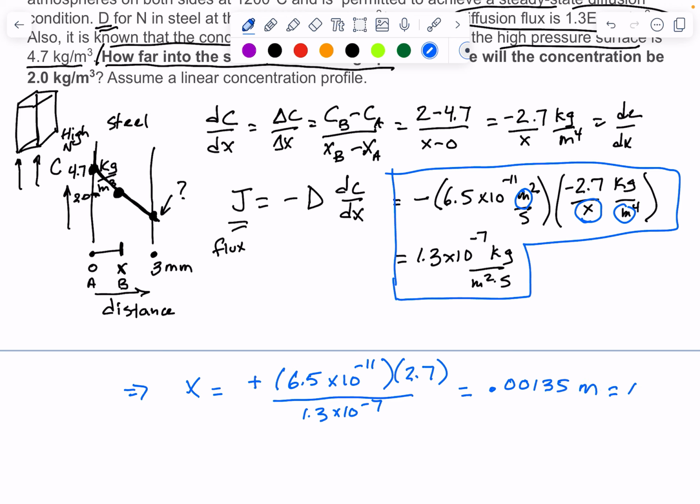At a distance of X of 0.00135 meters into this block, we will hit that concentration. If I turn that back into millimeters, that's 1.35 millimeters. And I'm really happy to see that it's less than 3, because the answer should be somewhere within the steel plate. So the answer makes sense, and we're good.